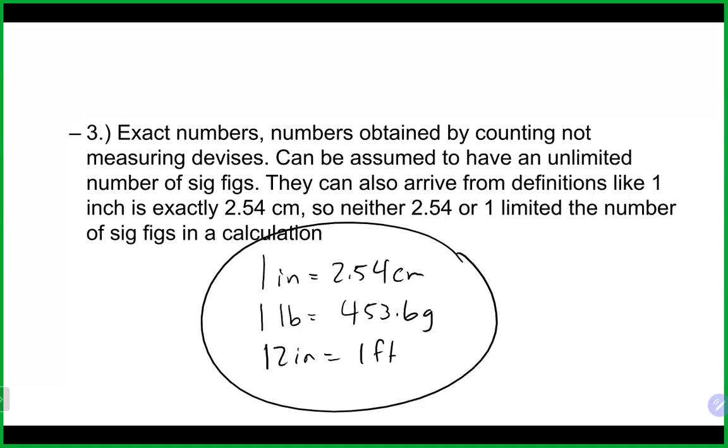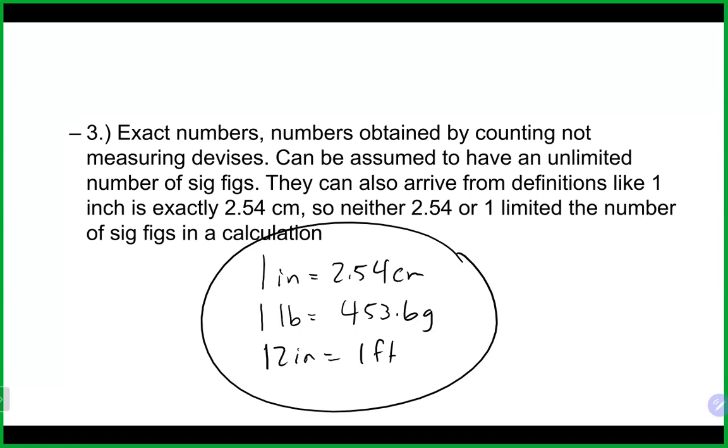The deal with exact numbers is they have an unlimited number of significant figures. They could have as many as you want. That means that when we do calculations that involve exact numbers, we actually don't worry about their contribution to your answer, because they could have as many significant figures as you want.